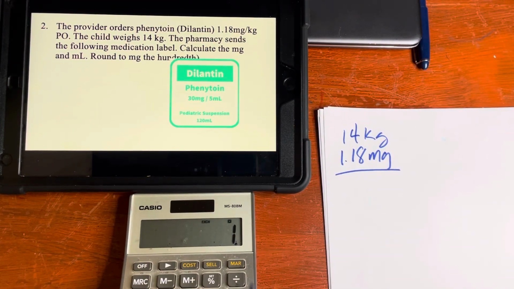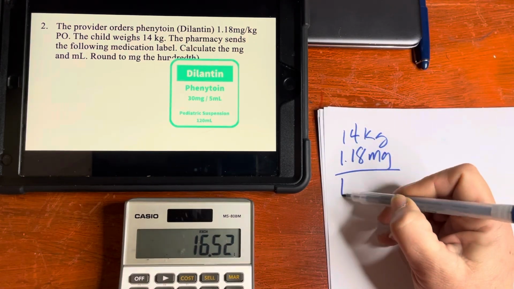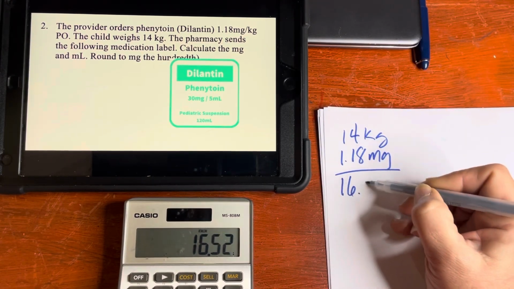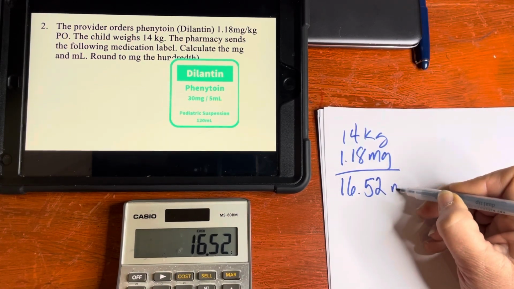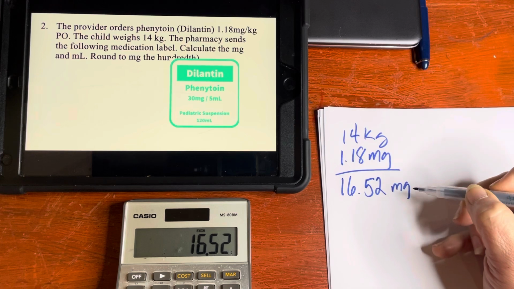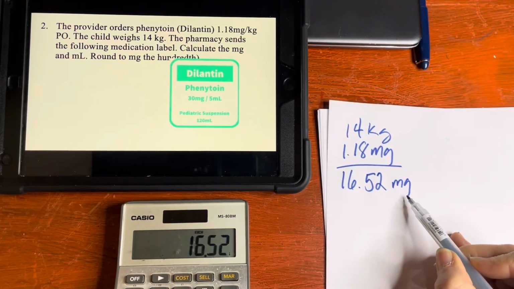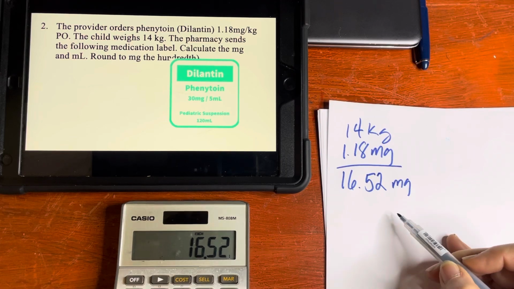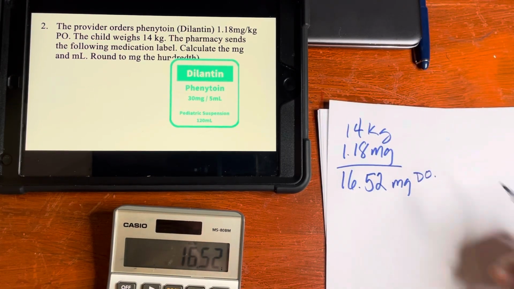14 times 1.18 equals, and that's going to equal 16.52 milligrams. And you see it said round milligrams to the hundredths, and that's what I just did right here in front of you and everybody else. Okay, so this is our new dose ordered.